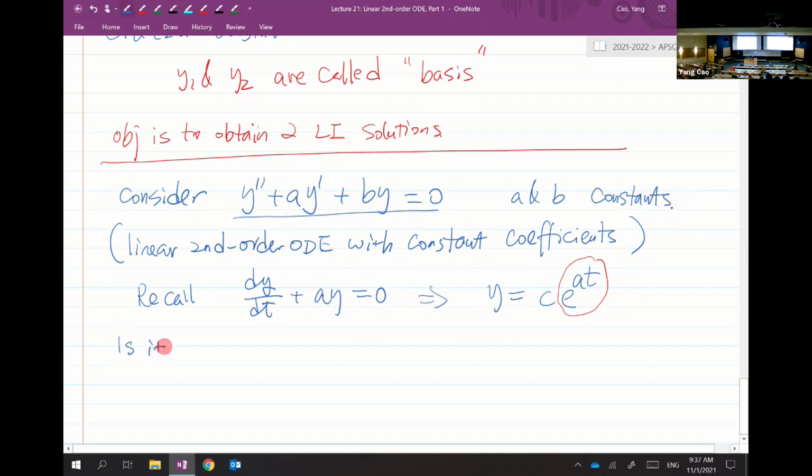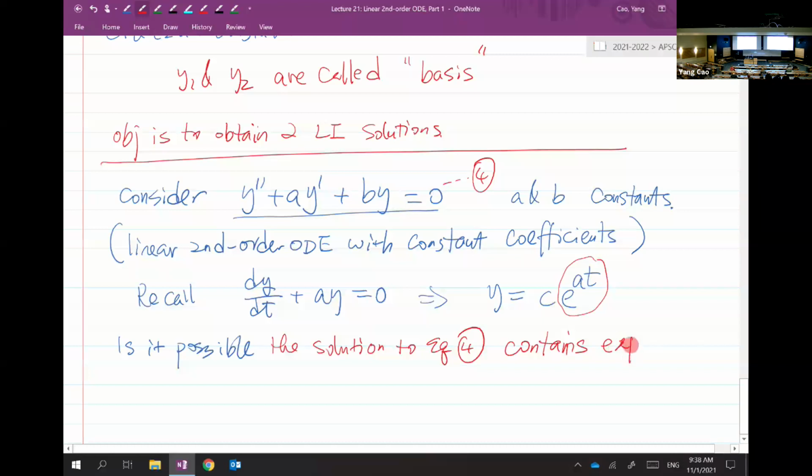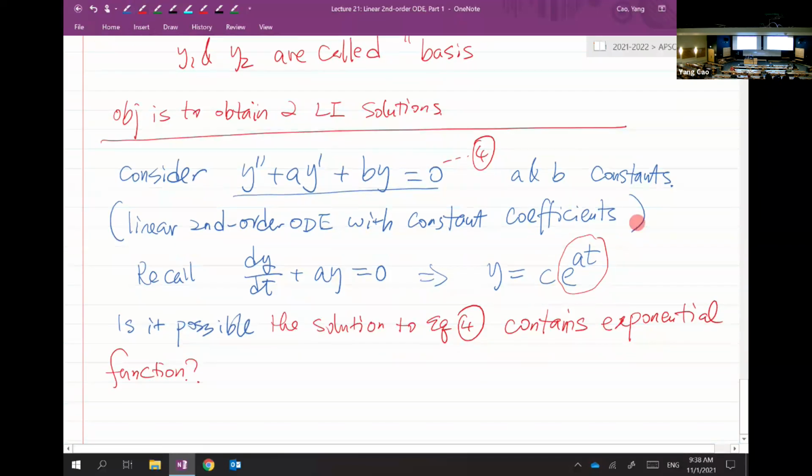So let's call this equation number 4. Is it possible that the solution to equation 4 contains an exponential function? So with that question, let's explore the idea.